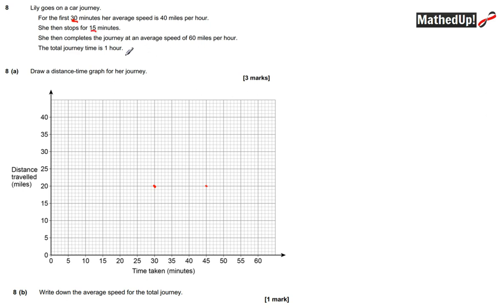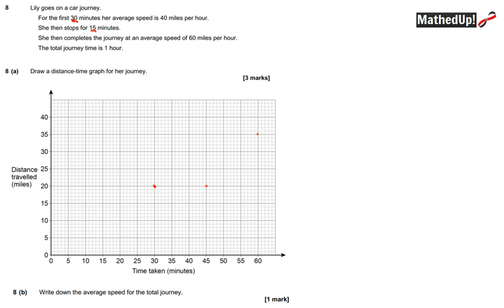So she does another 15 minutes at 60 miles per hour. If she's going 60 miles per 60 minutes, then in 15 minutes she must travel 15 miles. So 5, 10, 15, and she must travel 15 miles in that time. So we've got 5, 10, 15, and that takes us there.